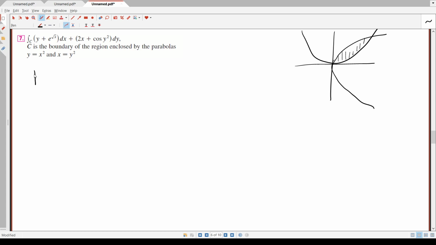So I have my f, that's going to be p, q, just for reference. This is going to be y plus e to the root x, 2x plus cosine of y squared.